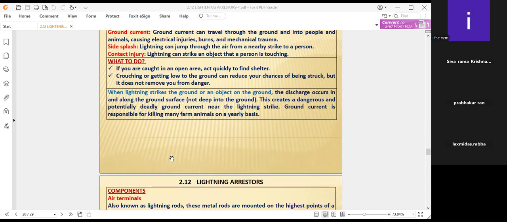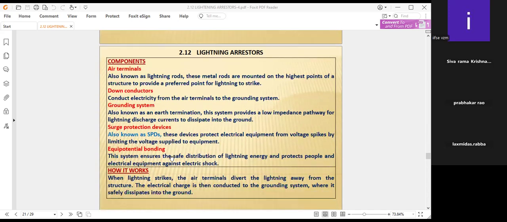Then the components. What are the components? Air terminals, down conductors, because these are the things given in the syllabus. The lightning arrester components are air terminals, down conductors, grounding system, surge protection devices, and equipotential bonding.